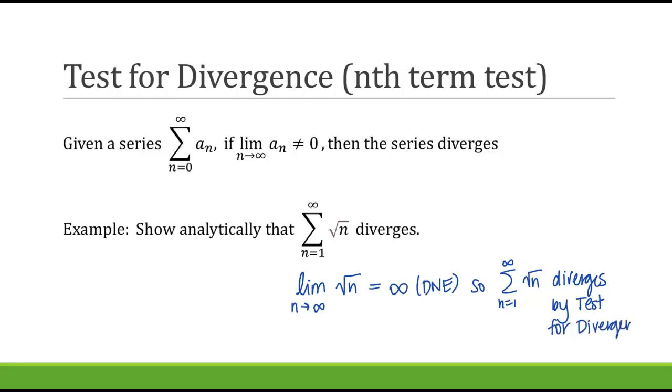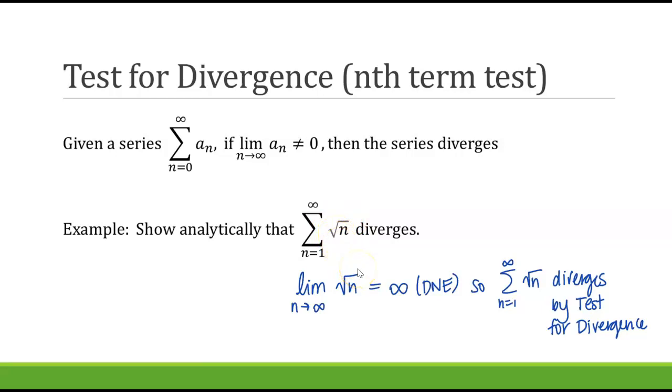So this is really the very first test that we are learning, and the very first test that you want to apply to any infinite series that you are being asked whether or not it converges or diverges. The very first thing you want to do is take a look at the general term and think about, are those individual terms going to 0?